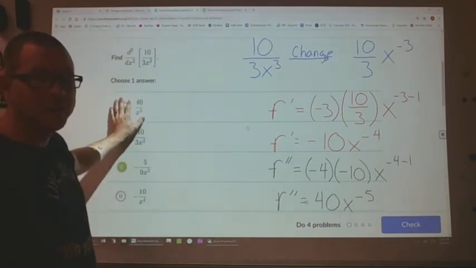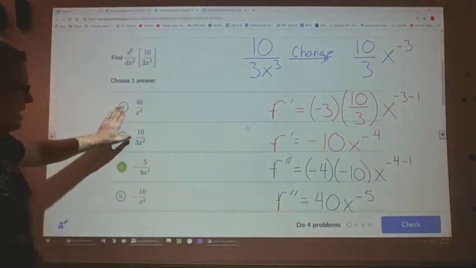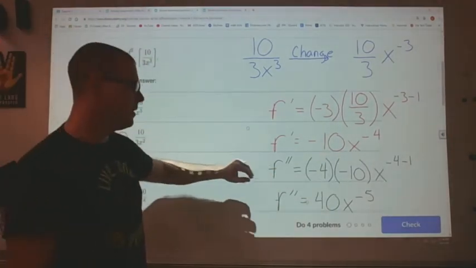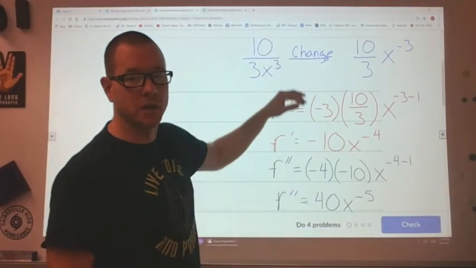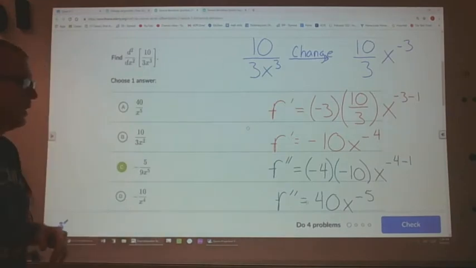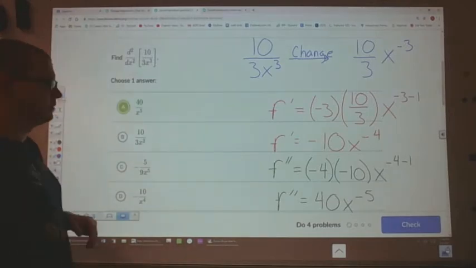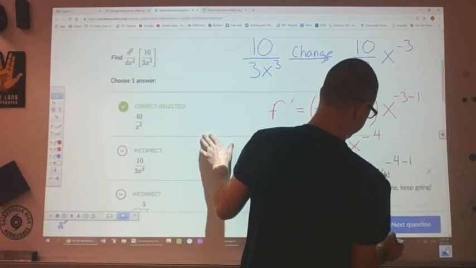So we have to look for an equivalent form, which in this case would be 40 over x to the 5th, using the same method of changing this as we did here, taking the exponent, moving it across the fraction bar to change its sign. So for this one, we want to choose option A, 40 over x to the 5th.